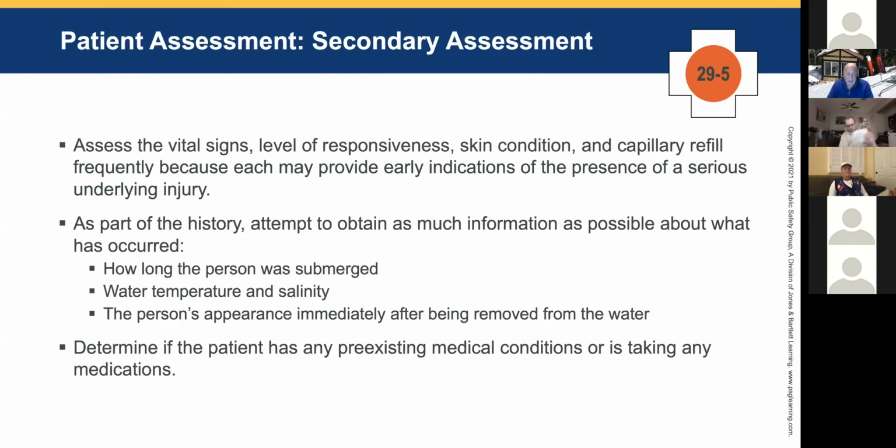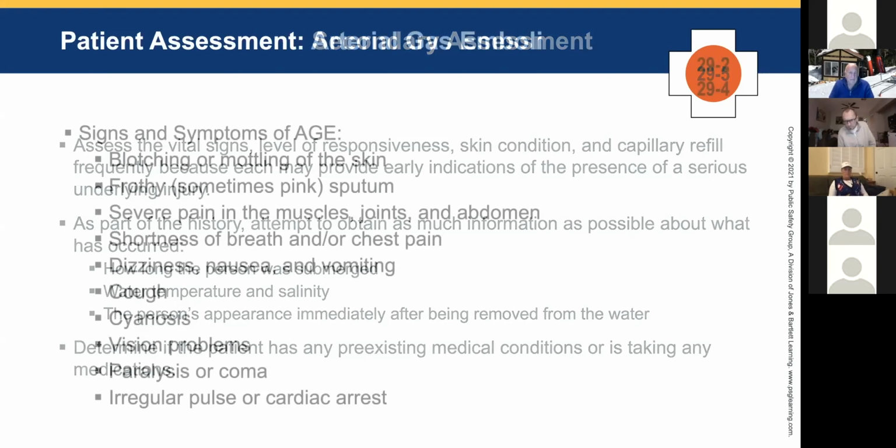Assess the vital signs, the level of responsiveness, the skin condition, capillary refill. As part of the history, attempt to obtain as much information as possible about what has occurred. How long was the person submerged? Water temperature and salinity. Patient's appearance immediately after being removed from the water. Determine if the patient had any previous medical conditions or is taking any medications.